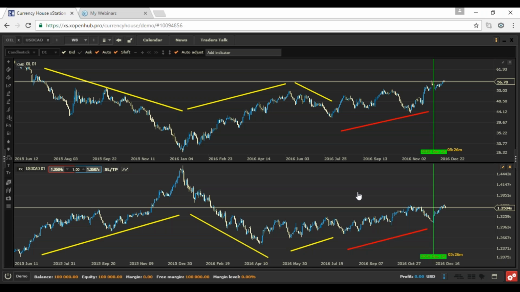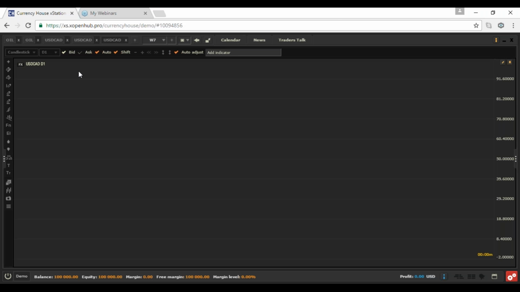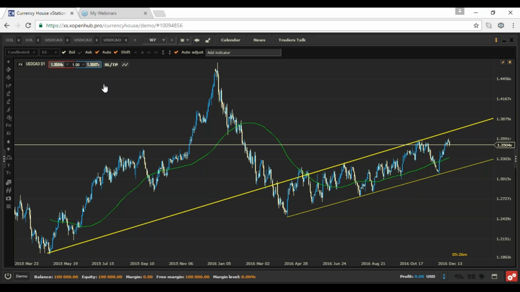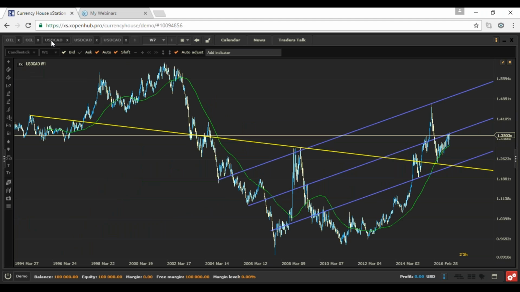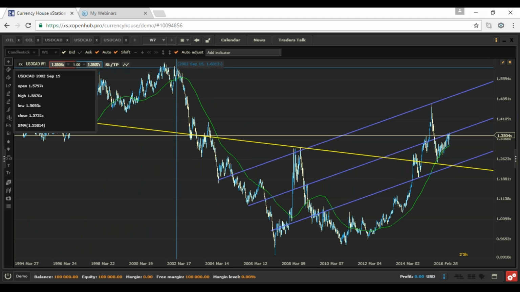So, assuming all of the things that we said, this movement of the USD CAD, this sign of divergence, could get us to a huge upside trend of the USD CAD. And you can see from the long-term charts that the level of, for example, 1.60 is not that huge a level for this pair.